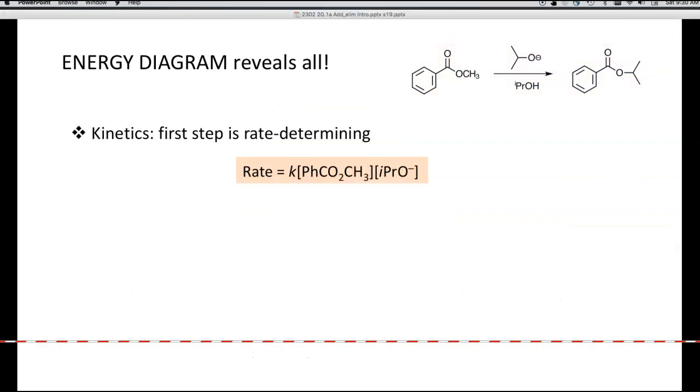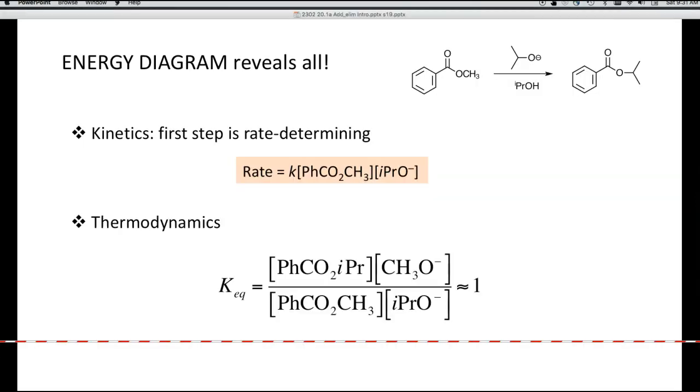All right. So the kinetics is also reflected from this. Again, experimentally determined. What we can tell is exactly what the mechanism supports, although we derive the mechanism from these data. But yes, that rate determining step involves both the isopropoxide and the starting ester. So that supports the mechanism.